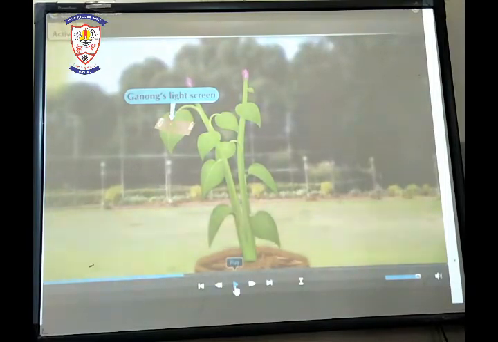Now for this activity, sunlight is necessary for photosynthesis. We have to take the Ganong's light screen.